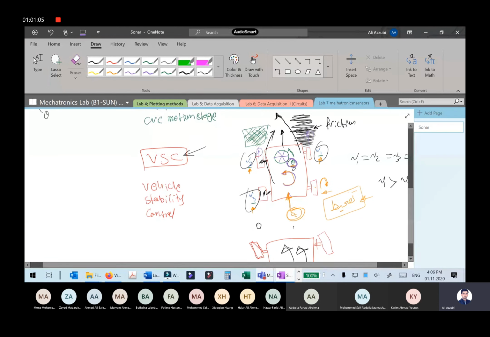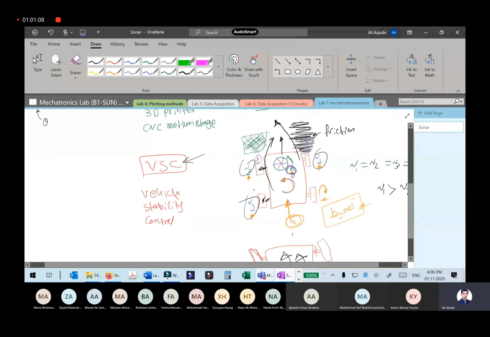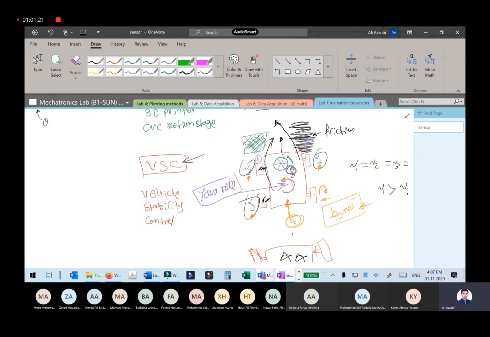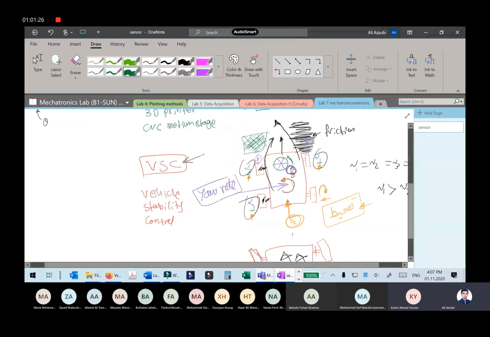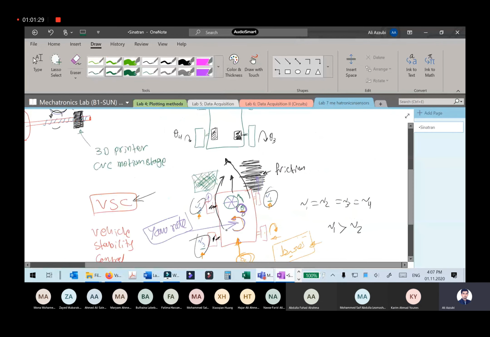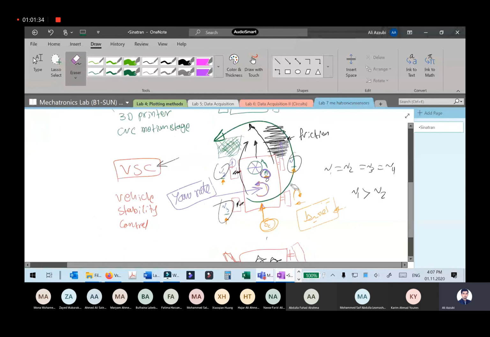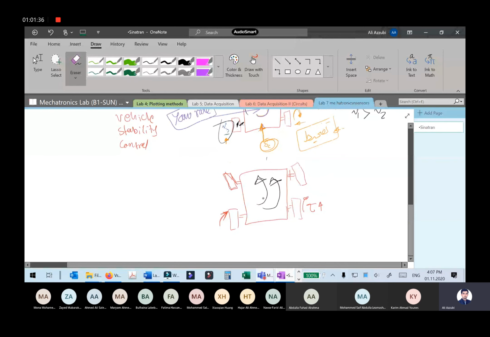While the VSC will monitor what we call the yaw rate. This one here is called the yaw rate. There's actually something called a yaw sensor inside the car. You all know the yaw, right? Steering left to right. The yaw rate is the rotational rate of the overall car. Let's call it phi dot.